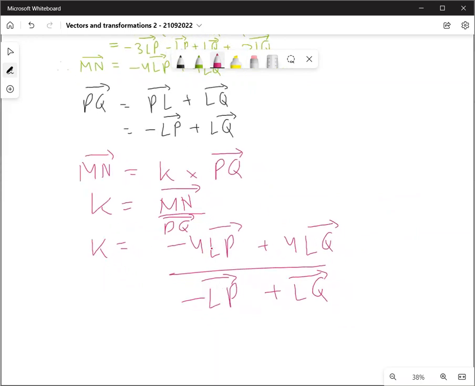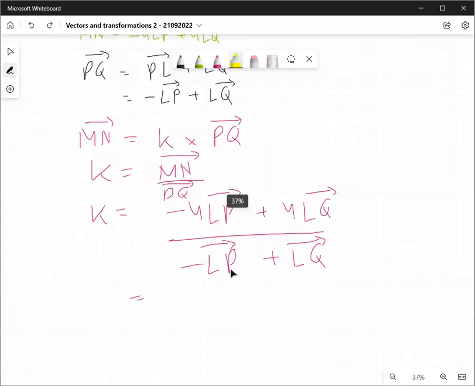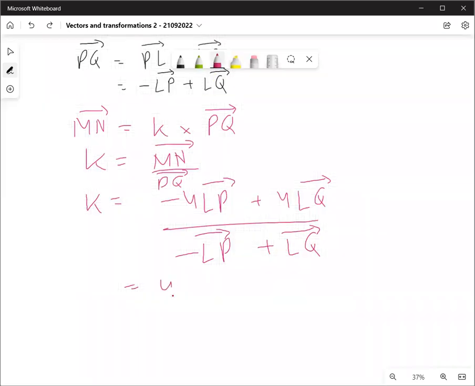Now write this in your notebook. Tell me when you're done. Before you write it, first tell me, can I factorize this part? Can I take something common in the numerator? I can take 4 common.